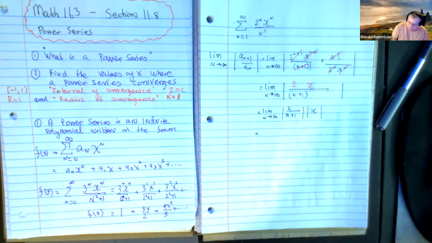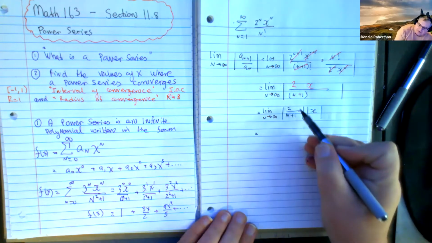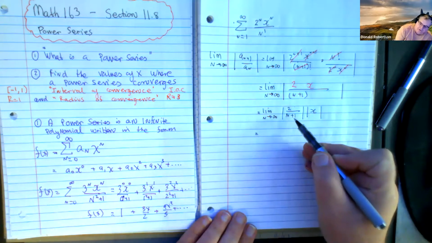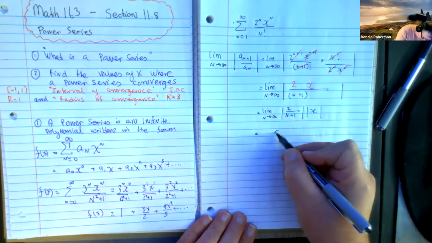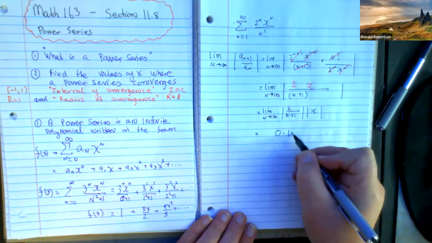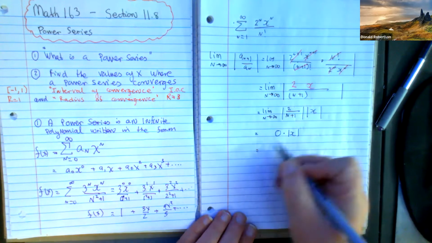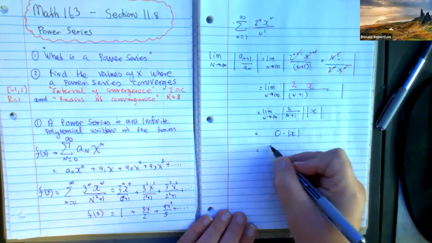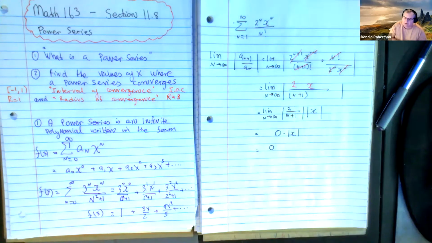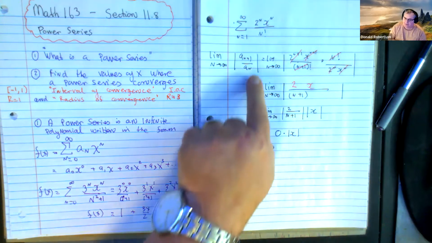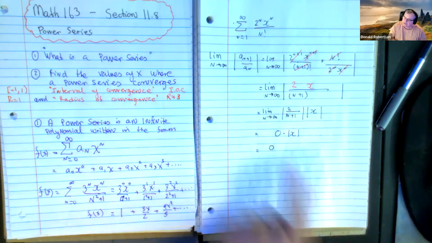Couldn't you do that just by brute force, just by plugging in infinity? And if you plug in infinity, isn't 2 over infinity 0? So what do you get? You get 0 times the absolute value of x. But wait a minute, 0 times that guy, all of them are going to give me 0. So are you comfortable that this particular one, the limit is 0?